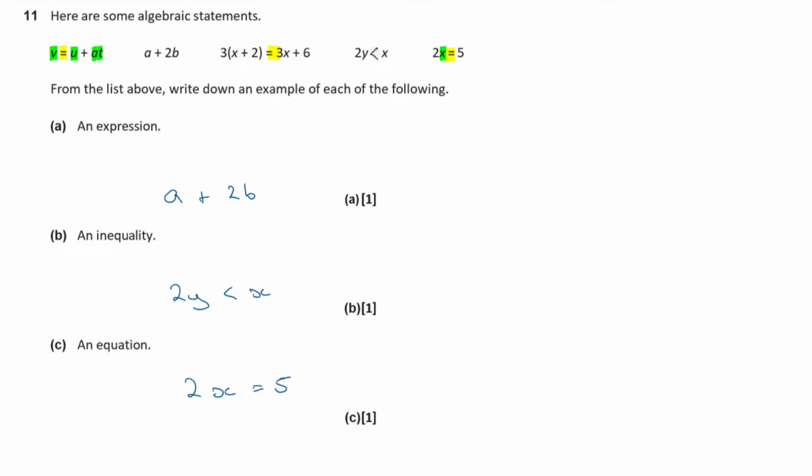Okay, so this one is an identity. This one is a formula. We already said this one is the expression. This one is the inequality. And this one is the equation. Okay, so you need to know each of those and be able to recognize them.